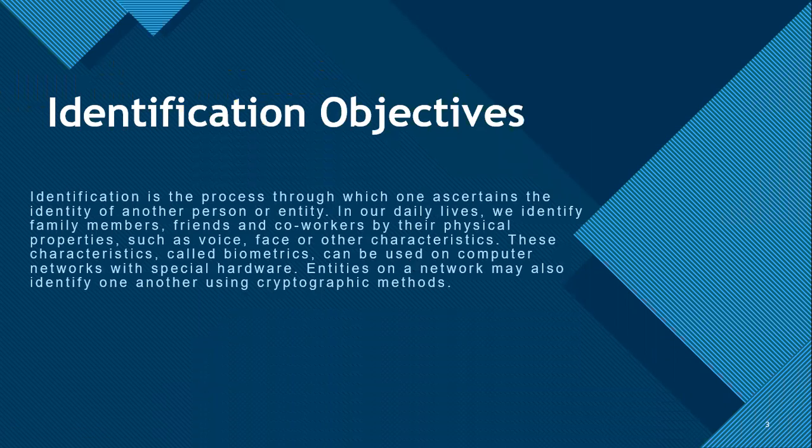Identification objectives. Identification is the process through which one ascertains the identity of another person or entity. In our daily lives, we identify family members, friends, and co-workers by their physical properties, such as voice, face, and other characteristics.